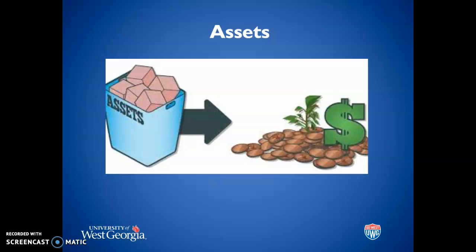The example that I gave the undergraduate students where a house is an asset is going to hopefully appreciate in value, and a pair of tennis shoes or a purse is a liability is going to depreciate, or a car is a liability that's going to depreciate in value. Things that appreciate in value increase wealth, and I want you to think about assets in terms of things that will increase your focused learners' academic wealth.